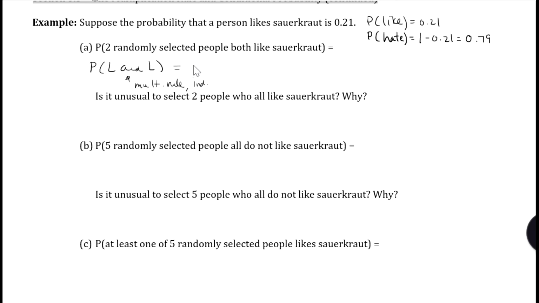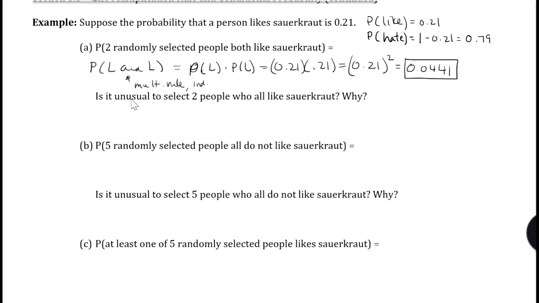So we're going to have probability of liking it times probability of liking. So we're going to have 0.21 times 0.21, which we could also write as 0.21 squared, which is 0.0441.